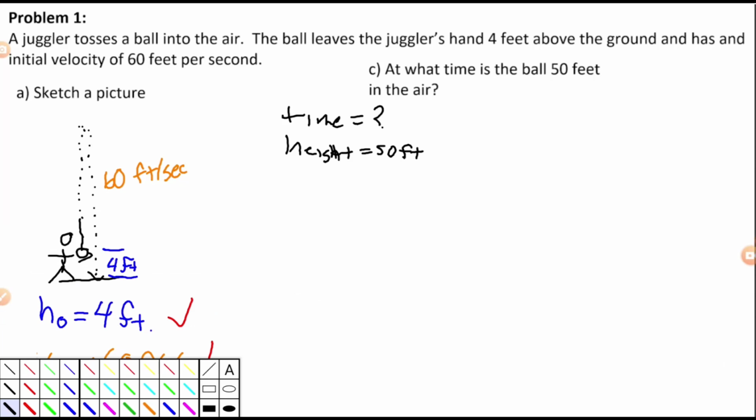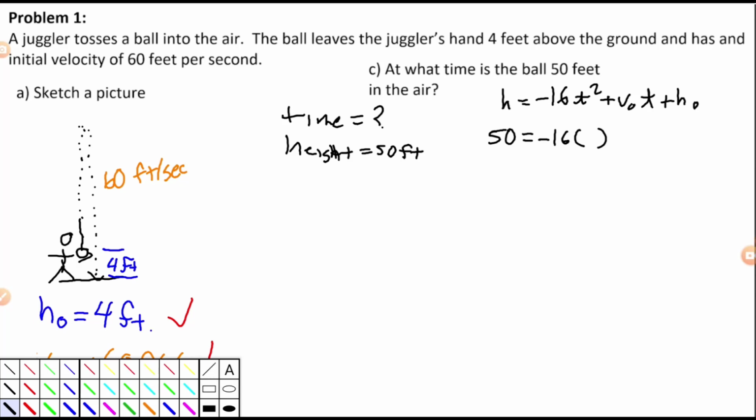So here we go. So h is equal to, again, I always write my formulas down. That helps me memorize them. Plus my initial velocity times t plus my initial height. And so this time we want to know when the ball is at 50 feet. So when the height is 50 feet. So that means this time I'm going to use 50 feet for my height. -16 times t, but what is t going to be this time?